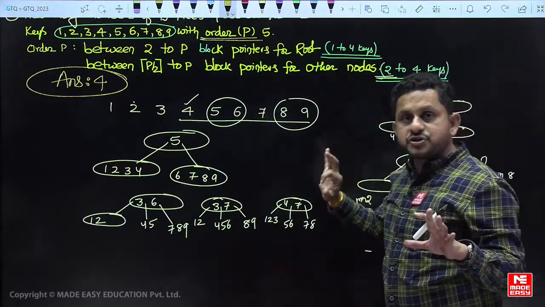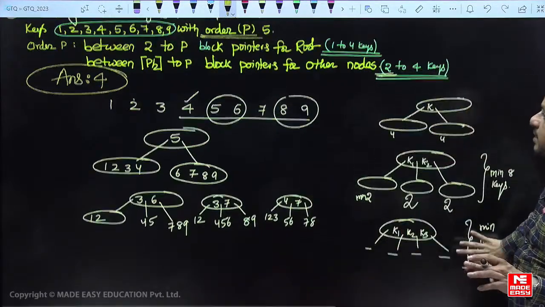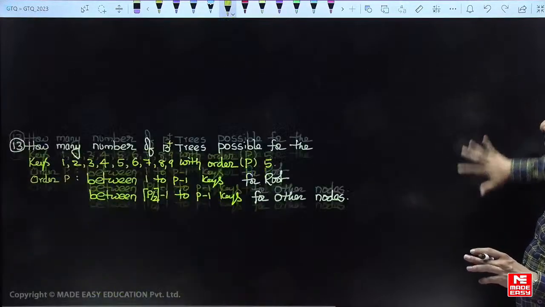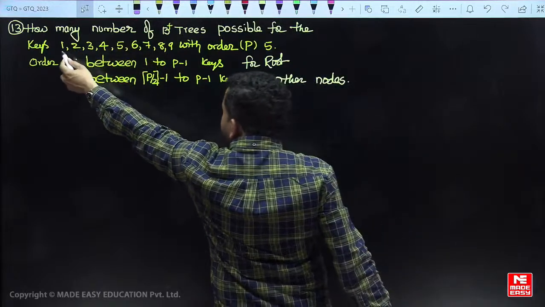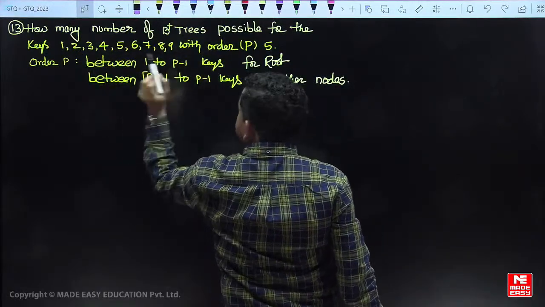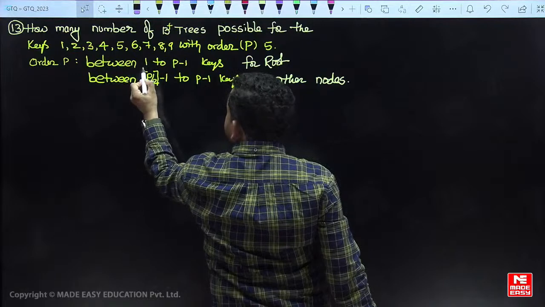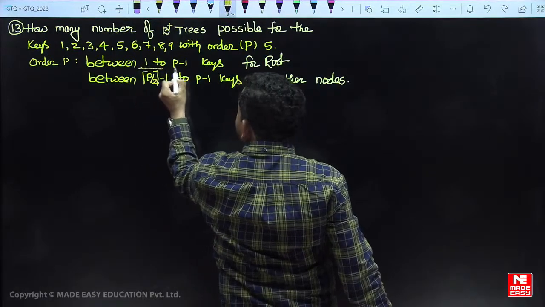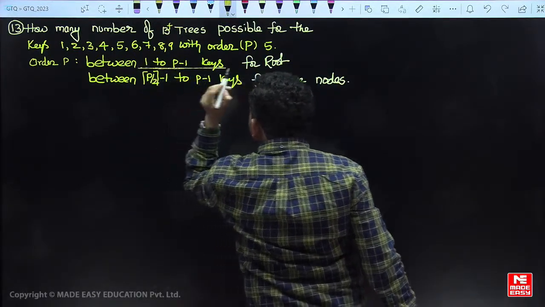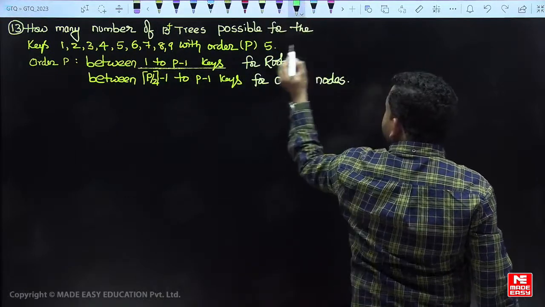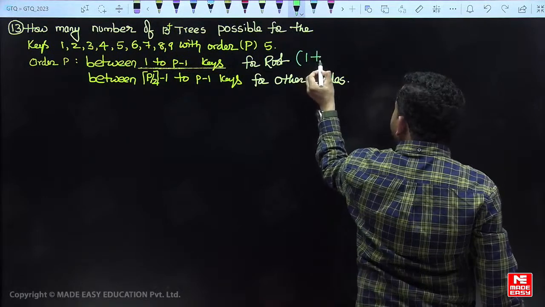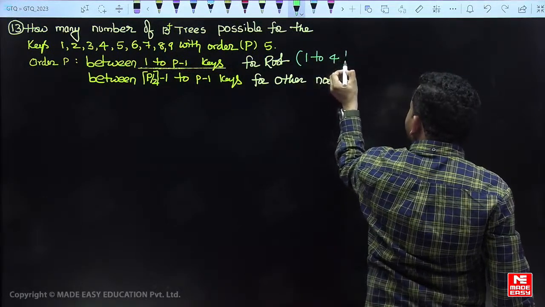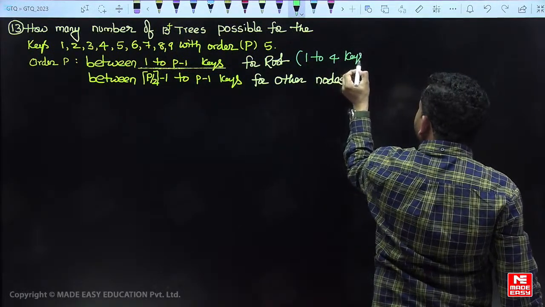This same question is now going to be studied for the B plus tree. So now try this one, same thing. Total 9 keys are there; how many possible B plus trees are there? The order is given: root has 1 to p minus 1, which means minimum 1 and maximum 4 keys for the root node.